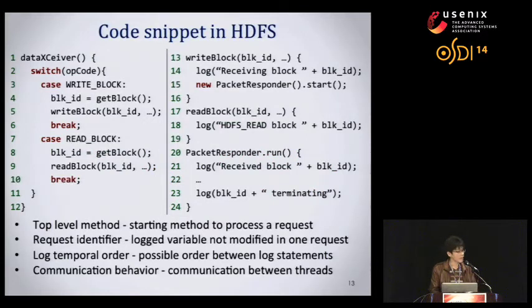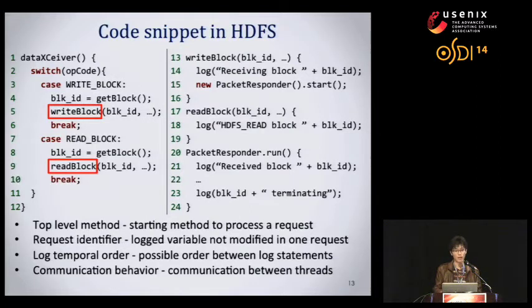We'll use the example code in HDFS which prints the previous logs to explain what type of information Iprof needs to solve those challenges. So first, to differentiate those request types, we need the top-level method, which we define as the starting method to process a request in a thread.